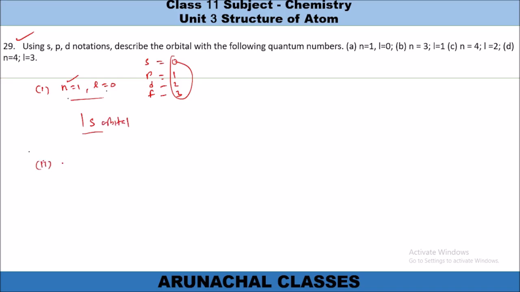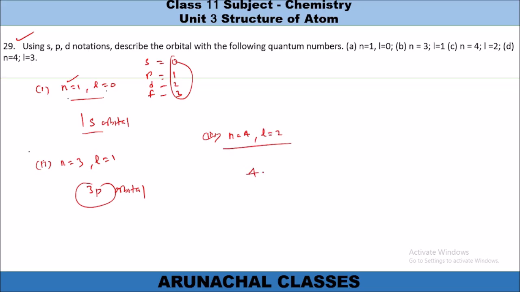Second one, we have n value equal to 3 and l value equal to 1. So we can see here l value is 1 means it is 3p orbital. Third part, we have n value is 4 and l value is 2.